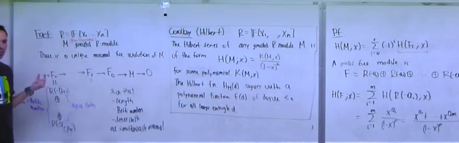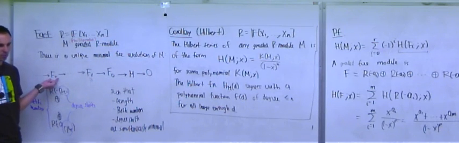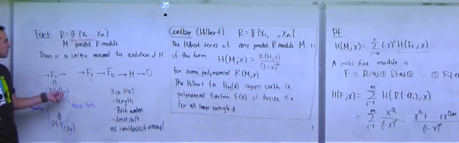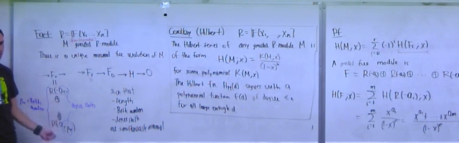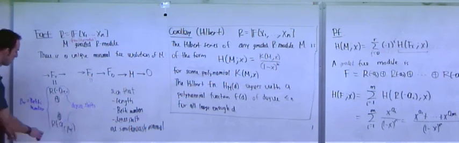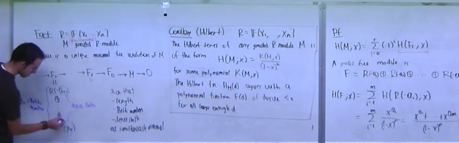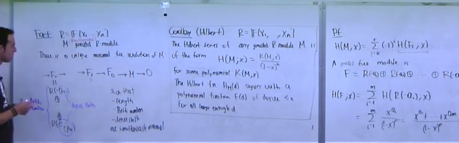The only thing is that each one of these FRs I have to multigrade. This is not a number, it's a vector. But everything else is the same. So there is a multigraded version of this where the degree shifts are vectors, which is what they are in the multigraded case.